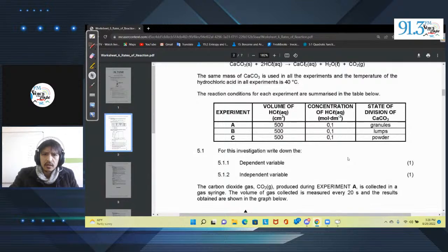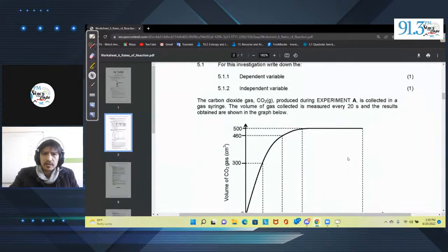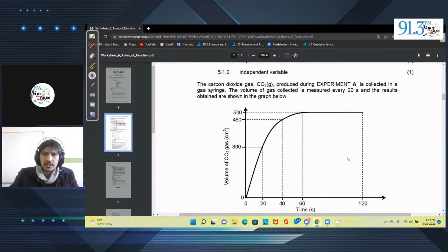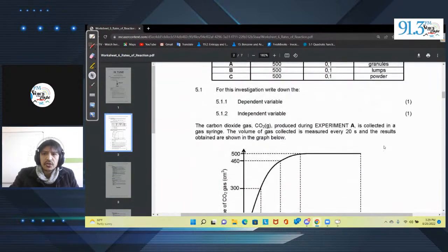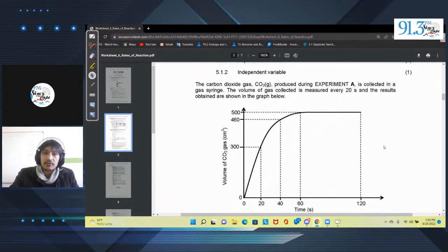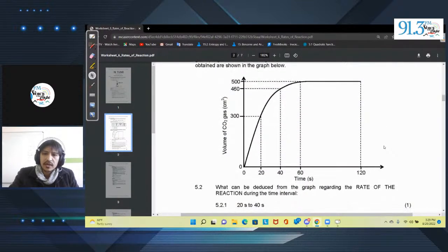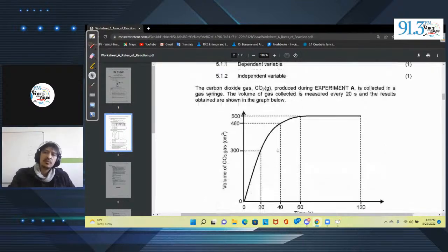5.2.1. The carbon dioxide gas, CO2, produced during experiment A, which is granules, is collected in a gas syringe. The volume of gas collected is measured every 20 seconds, and the results obtained are shown in the graph below. So for experiment A, here's the information for our graph.